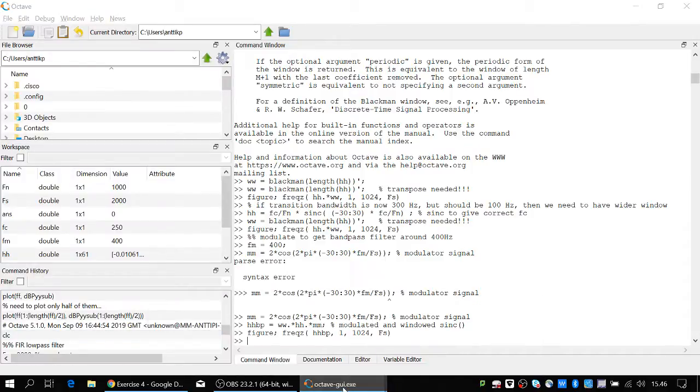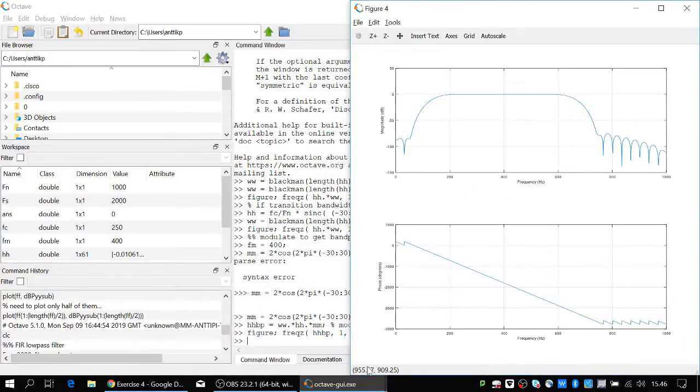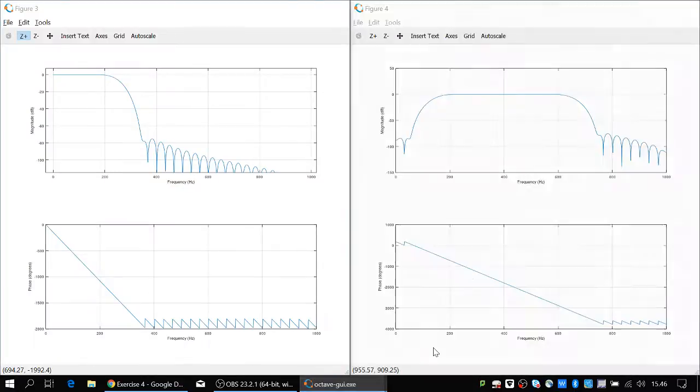But otherwise, these filter properties are actually the same. So the stop band attenuation remains the same. Transition bandwidth remains the same. If you scale the filter properly, then the amplitude response is also the same on the passband. All right. And it's still a linear phase response system.